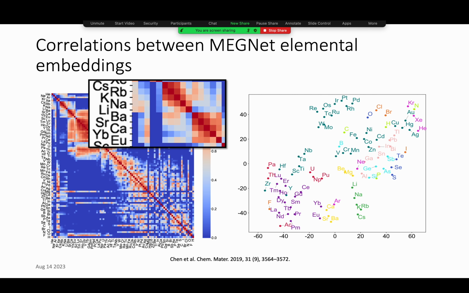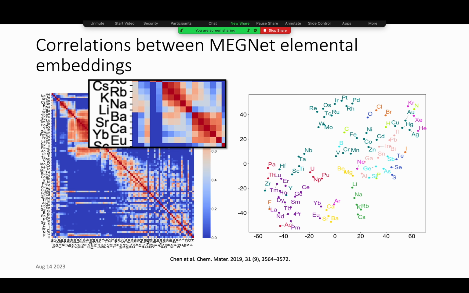We took the elemental embeddings that were learned by the model when we fitted the formation energy models, and we plotted the correlations between the elemental embeddings of all the elements. We also did a t-SNE plot. What we found, if you look at this plot, which is arranged by Mendeleev number, is that the correlations between the elemental embeddings actually reproduce the periodic table.